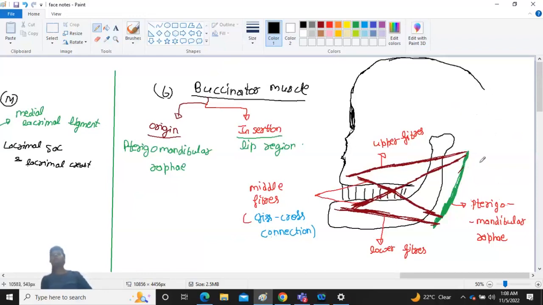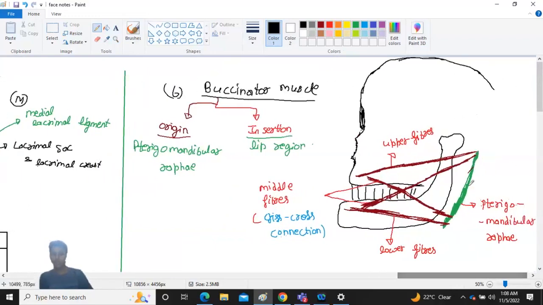Then this is the raphe, where the superior constrictor is also present. The superior constrictor is a muscle of the pharynx. Here the superior constrictor is also present, like this. This is the superior constrictor of pharynx.